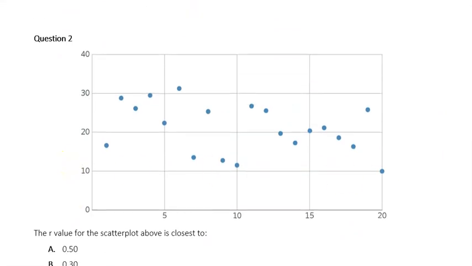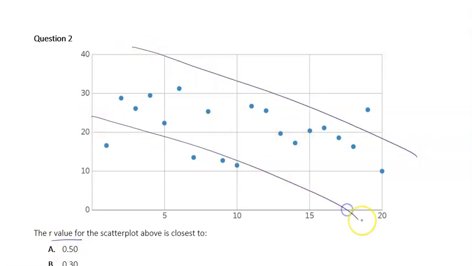Question 2, we're now given a scatter plot and asked for the R value of that scatter plot. So here we can see we've got a general downward direction to the data. It's not a nice straight line, so it's unlikely to be very strong, but we can see there's a bit of a negative pattern.